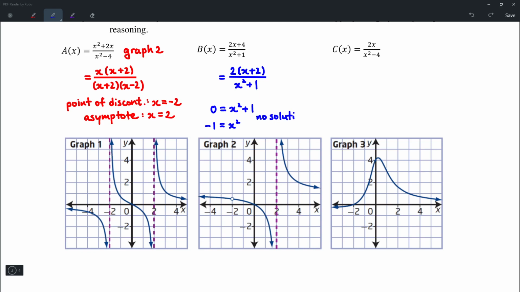As such, b of x has no vertical asymptotes. Which means b of x must be graph 3.